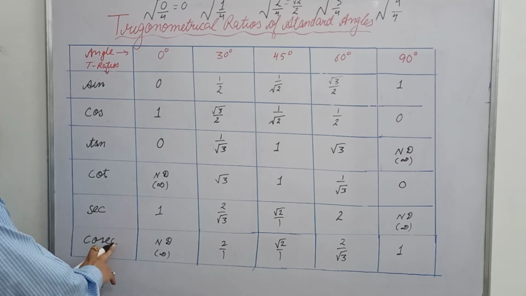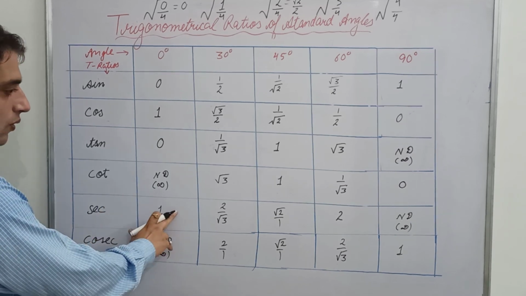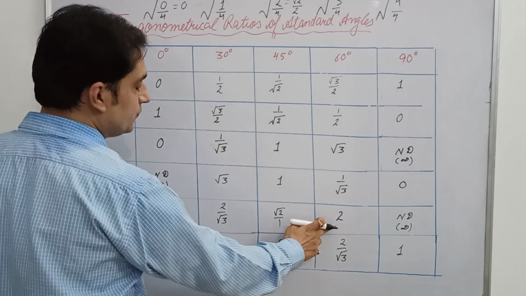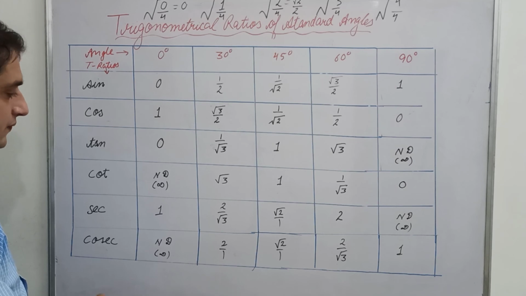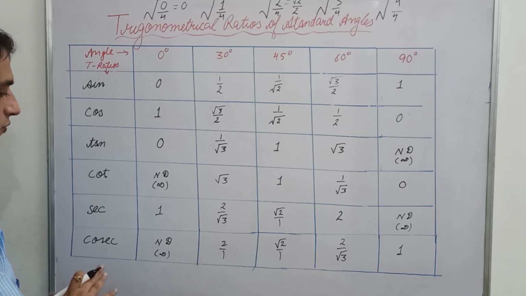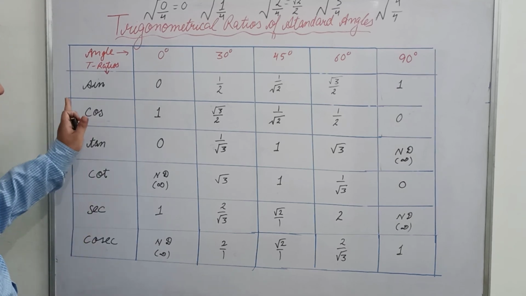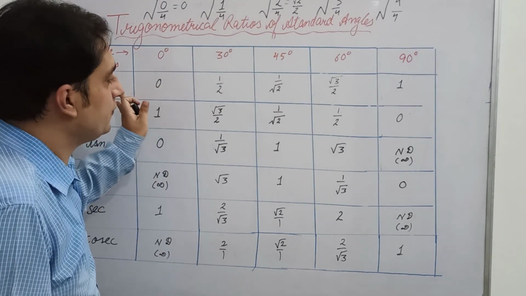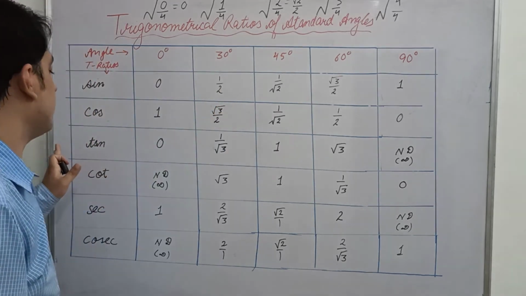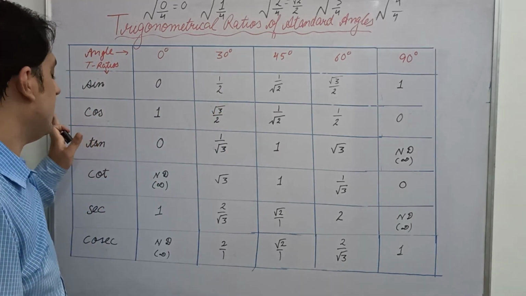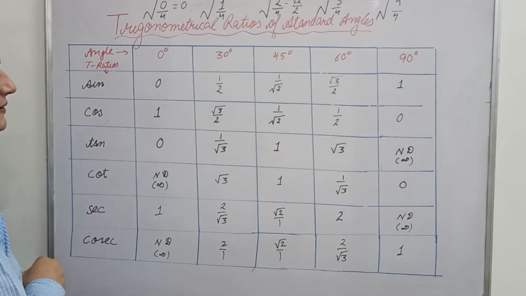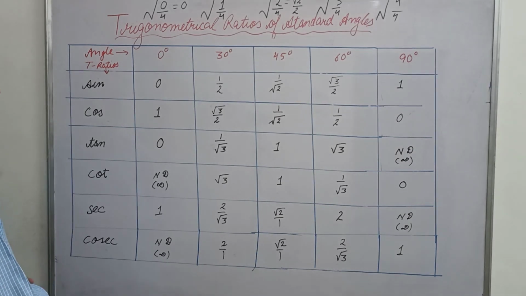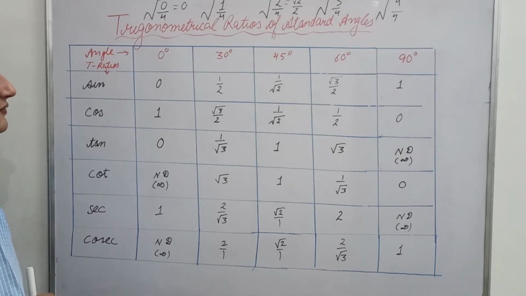And the value of secant and cosecant is always greater than 1. As the angle increases, the value of the t ratio sine increases, and the value of the t ratio cosine decreases as the angle increases, right? So these are the values of t ratios for these 5 standard angles.